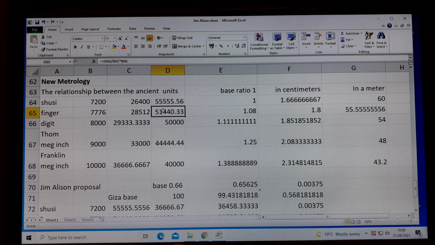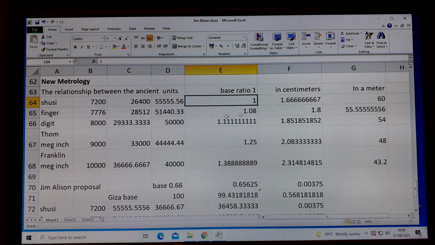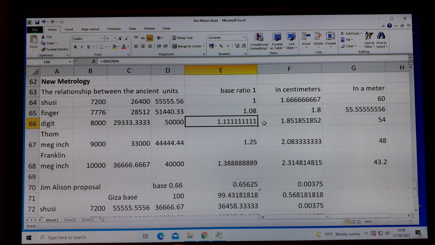And the Shusi is 5555.555 recurring units. So we can see that there's a lovely symmetry about all this. And when we use this as the base ratio 1, we find the finger is the Shusi times 1.08. We find the digit is the Shusi times 1.111, which is 10 over 9.